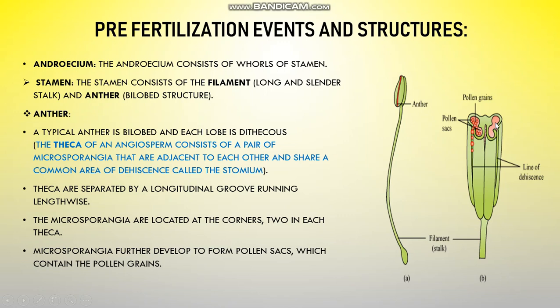These 4 microsporangia are located at 4 corners of the anther, and they form microspores, which later on mature into pollen grain. That's why microsporangium is also known as pollen sac.